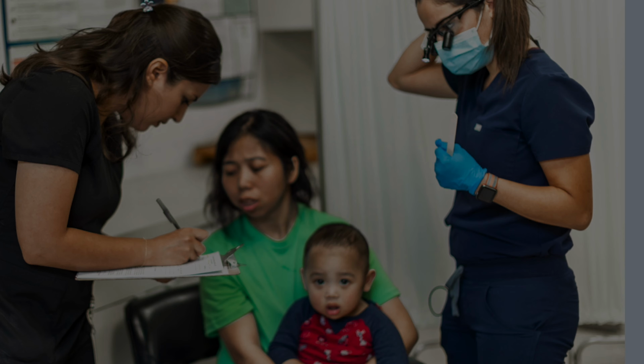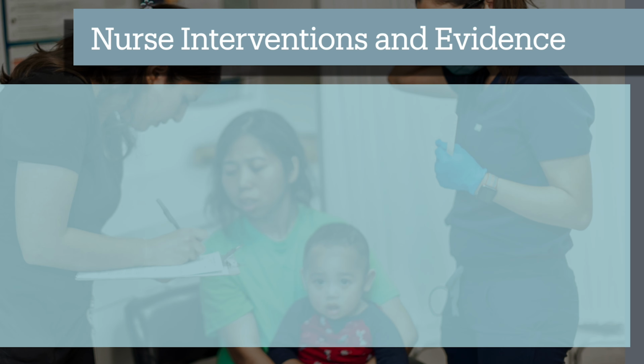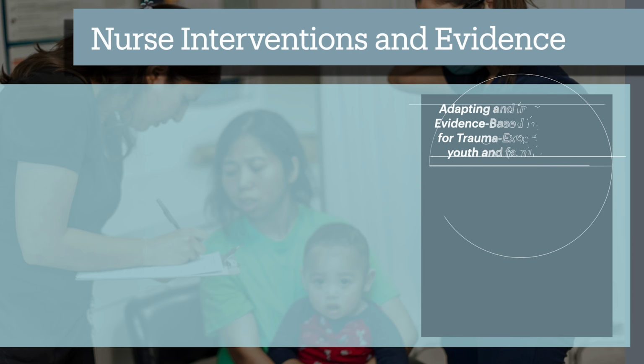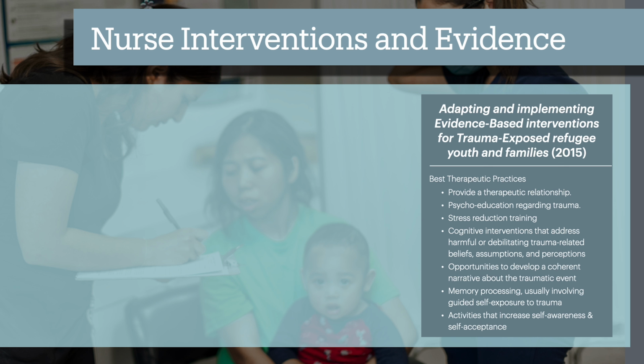So in our final slide, we are going to be looking at evidence-based nursing interventions. One of the first things to consider is that this population group has been through very traumatic experiences. So establishing a therapeutic relationship with them, giving them some psychoeducation, stress reduction training, and helping them increase the self-awareness and acceptance of these experiences that they have gone through is going to serve this population in assimilating into their new culture.